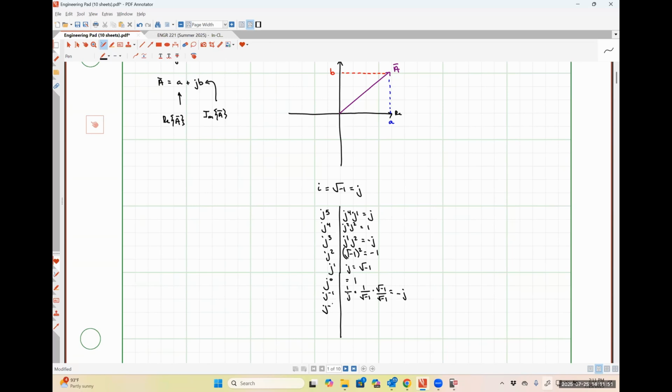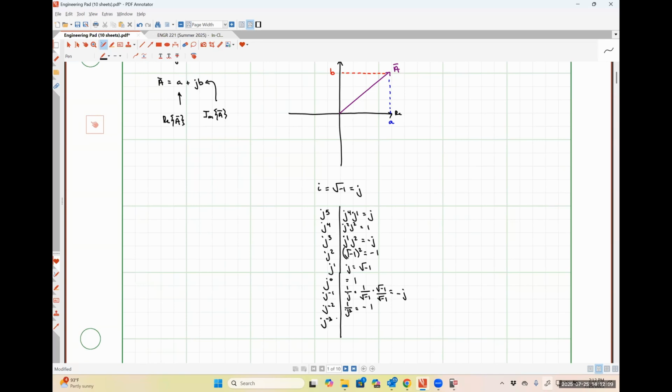J to the -2 is 1 over j squared. Well, j squared is -1, so that's just 1 over -1, which is -1.